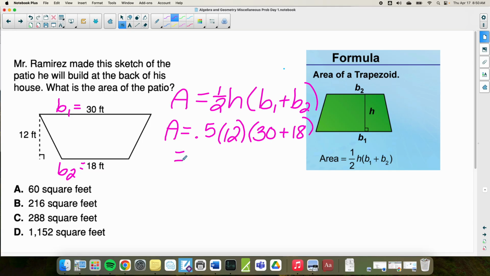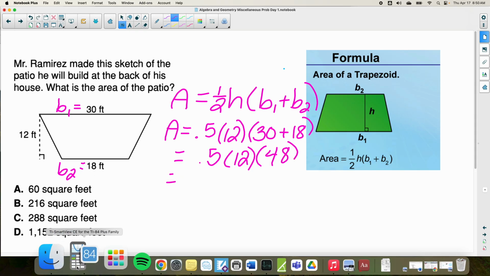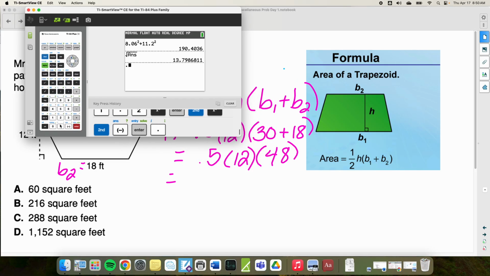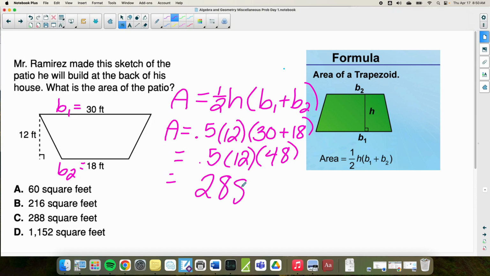And then you can just, well, if you wanted to, you could simplify this a little more. 30 plus 18 is 48. And then you can put that in your calculator and go 0.5 times 12 times 48 is 288 feet squared. Okay.